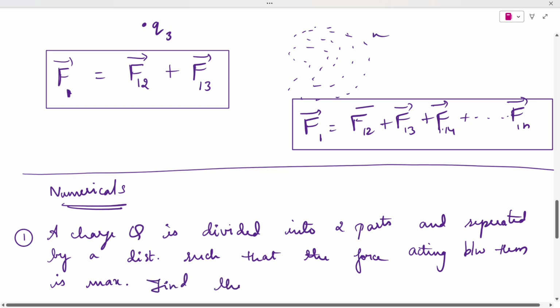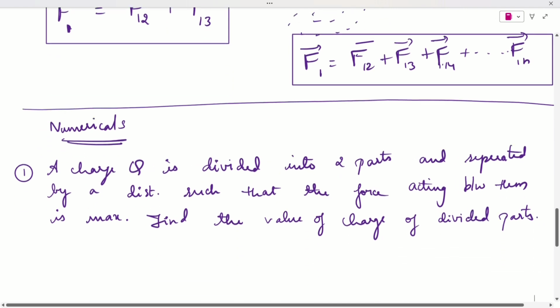Find the value of charge of divided parts. So this is my question.